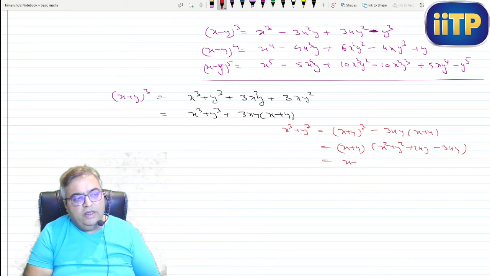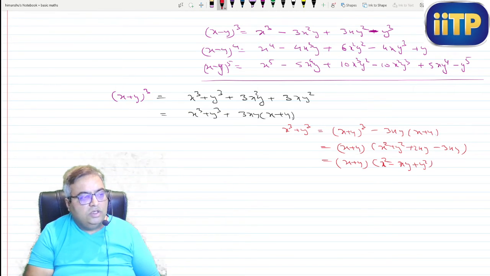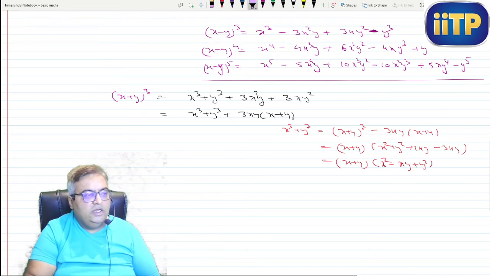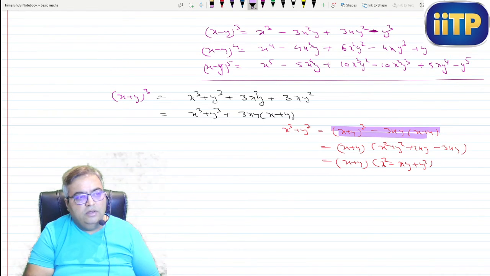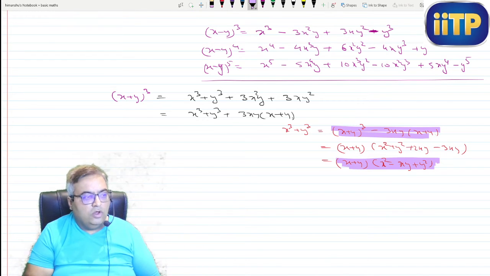So it will be (x+y) into (x square minus xy plus y square). So these are the two formulas. One formula is this and another formula is this for x cube plus y cube.